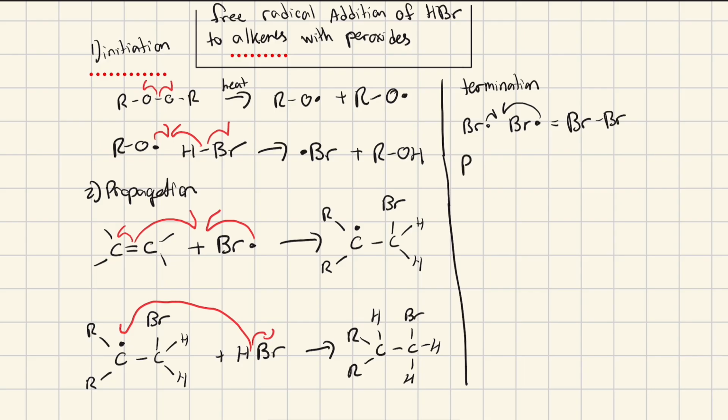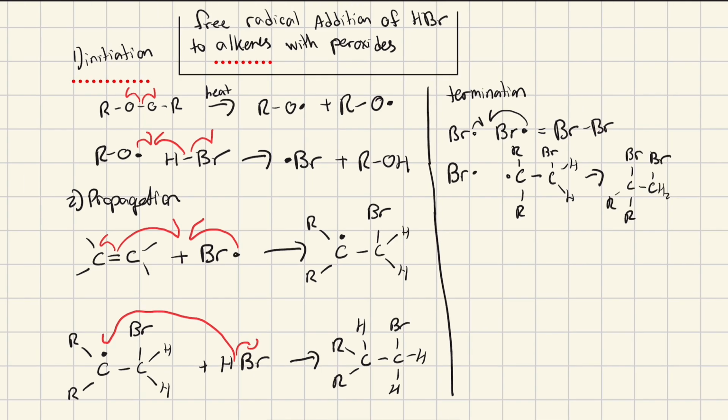We can have the bromine radical come together with our longer carbon chain, and this will give us our dihalide or our dibromide. So if we use the same example, we'll have our bromine attached here, and our product is going to be our vicinal dibromide.